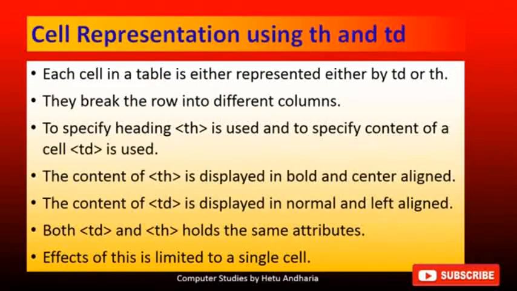So in the practicals, when we created the table, we understood the concept of TH and TD. Each cell in a table is represented by either a TH or a TD. They break the rows into different columns. For example, in one TR, as many TH as we write, that many columns will get created. To specify the heading, the TH tag is used, and to specify the data, the TD tag is used.